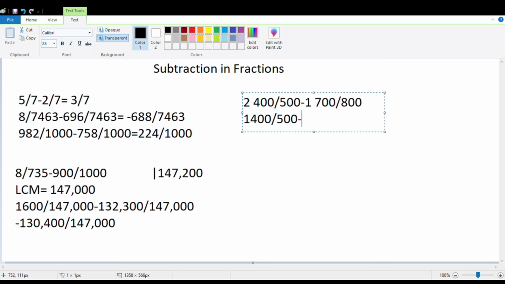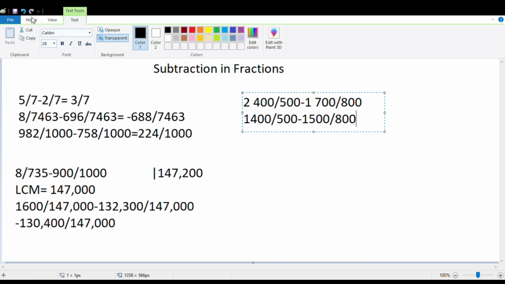That is subtracted by 8 into 1 plus 700, so 800 plus 700 will become 1,500 by 800.